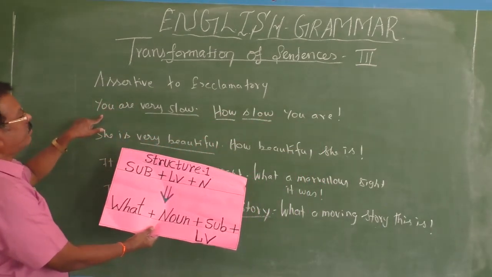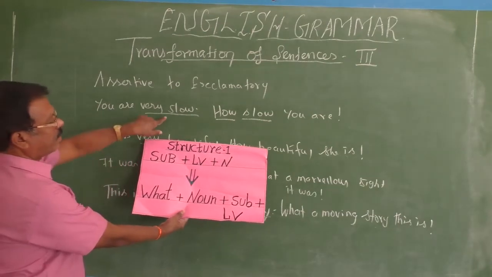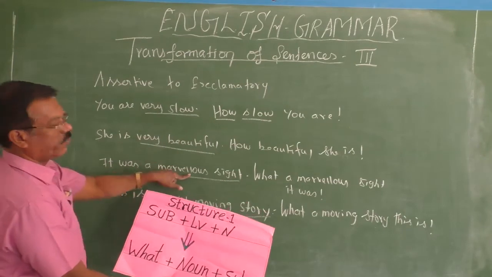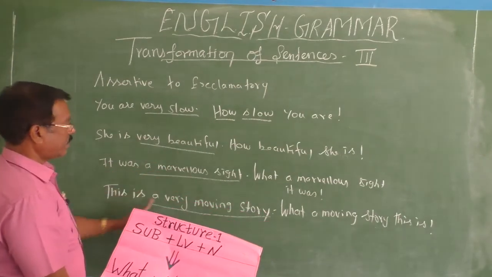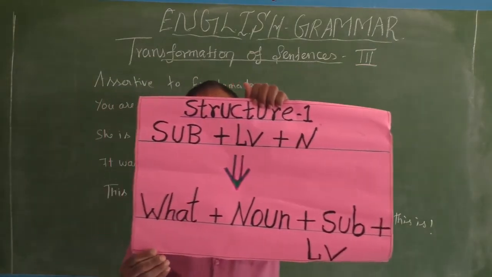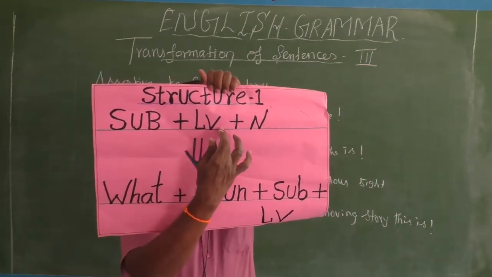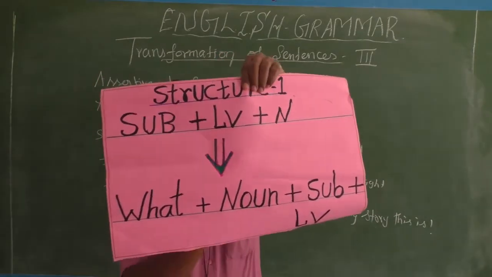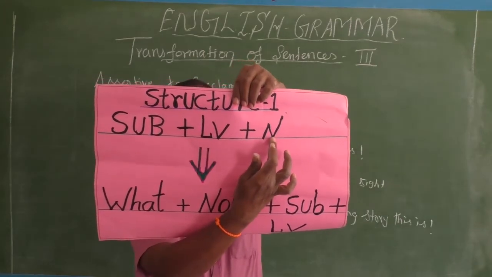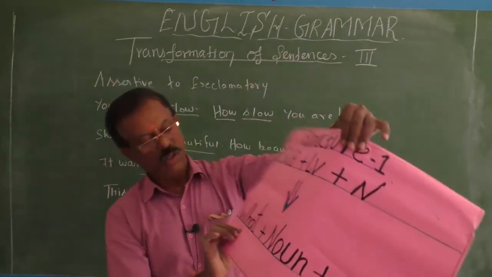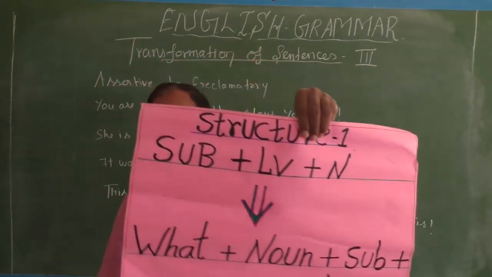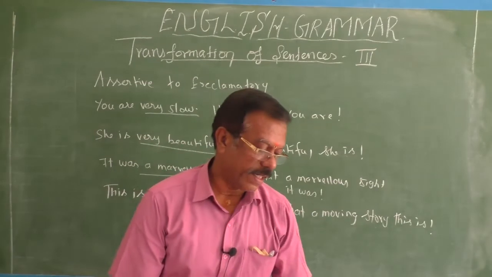Here you have subject, link verb, and a noun phrase as a subject complement. Then it should be changed into what, noun phrase, subject, then verb. Okay, children? Fine. Then the second structure.